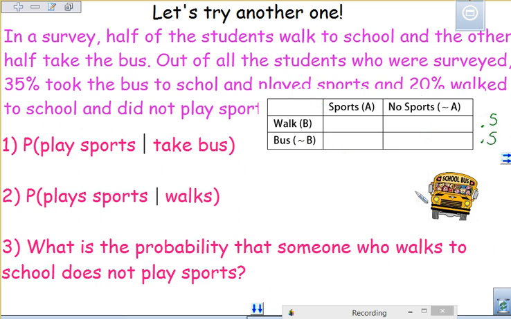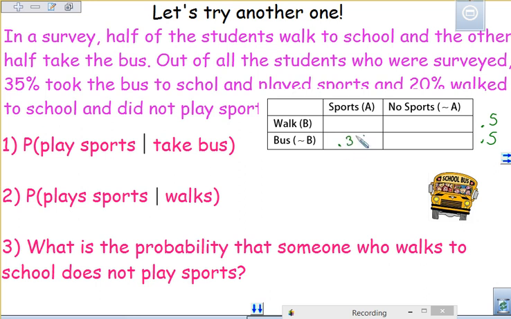So again, we want to set up a two-way frequency table. I think it helps us answer the question. Out of all the students who were surveyed, 35% took the bus and played sports. So bus and played sports would be here.